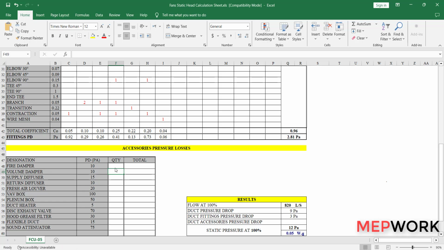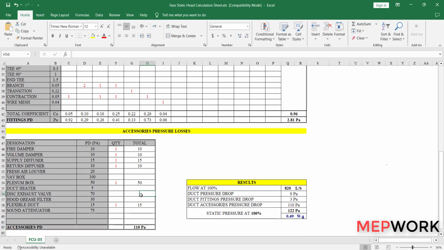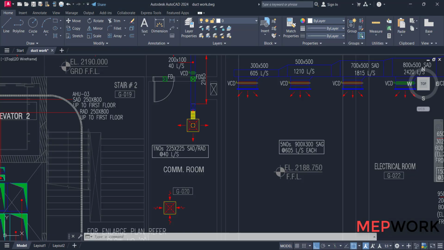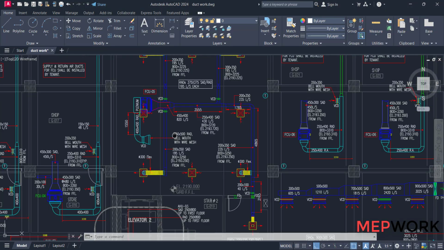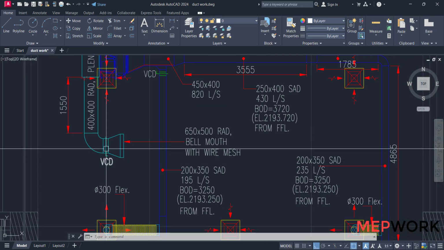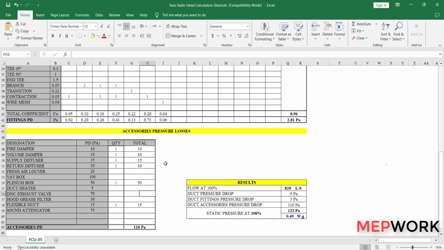One fire damper and one volume damper, one supply diffuser, one return diffuser, one plenum box, one flexible duct. There is another volume damper in this part, so they will be 2 volume dampers.